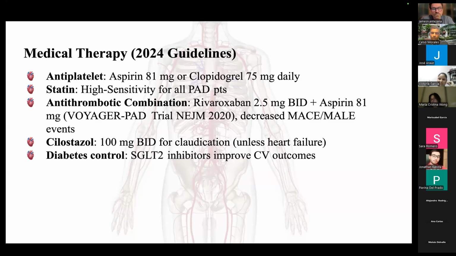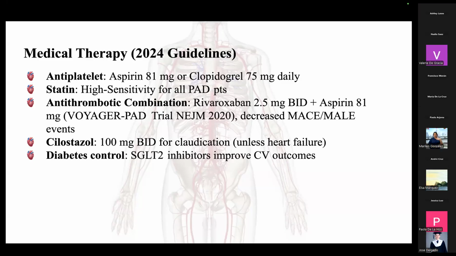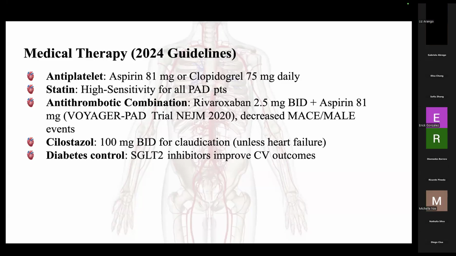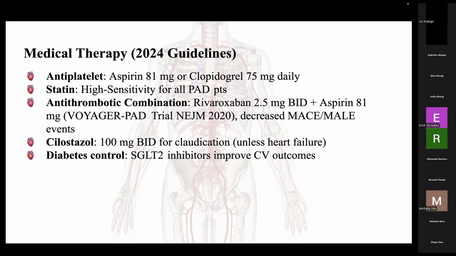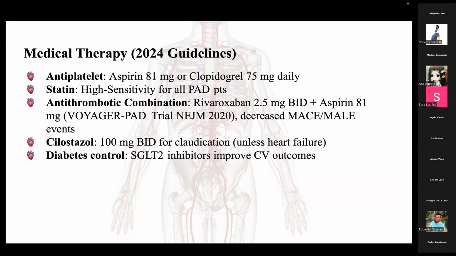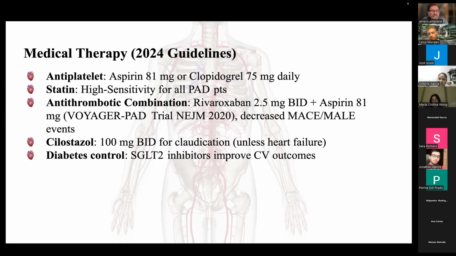Diabetes control is important. You've got all these new drugs out there that you guys are very familiar with. The GLP-1s and 2s, they're all inhibitors that improve cardiovascular outcomes by decreasing even the cravings of cigarette smoke. So these are new generation drugs.